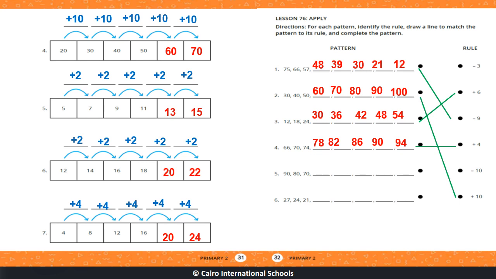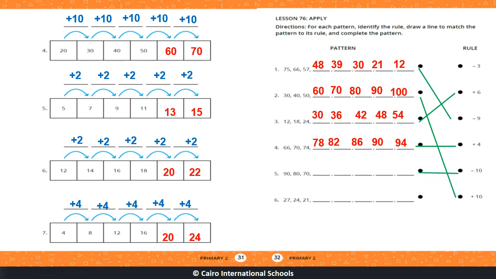In pattern number 5, 90, 80, 70. Yeah, this is a decreasing pattern, so we will write minus in the pattern rule. And then subtract the first two numbers. 90 minus 80 equals 10. So the pattern rule will be minus because it's decreasing, and each time we are subtracting 10.